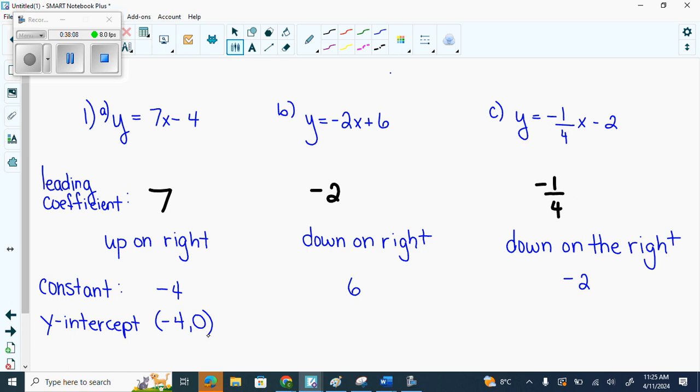All right, so this y-intercept is going to be at 6, 0. This one's going to be at 6, 0. Anyone calling me out on this?